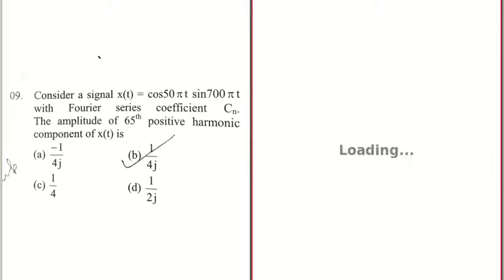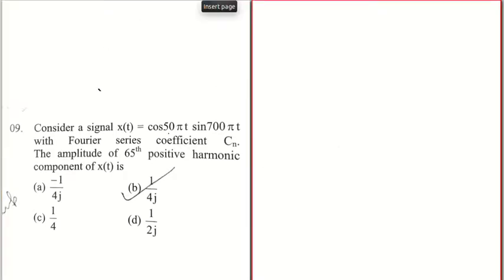Consider a signal x of t equal to cos 50 pi t sin 700 pi t with the Fourier series coefficient Cn. Find the amplitude of the 65th positive harmonic component of x of t. So we'll just expand it first and then we'll see what the 65th positive harmonic component of the Fourier series coefficient is.